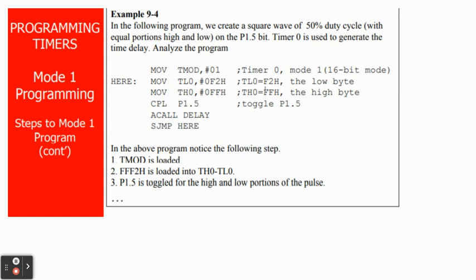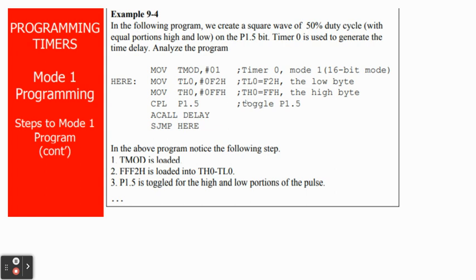Again, F means 1111, and 2 means 0010. So we are actually putting F2 to TL0, or the low byte of timer 0. Now on the third line, we are moving FF to the high byte of timer 0, which is TH0.